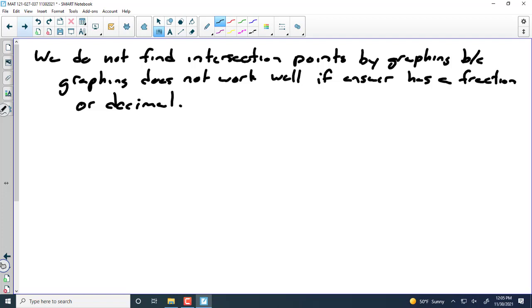So finding out where 2 graphs intersect by graphing the 2 graphs is generally not a good idea unless the person that gave you the question is guaranteeing to you that they intersect at nice integer values. Because you're not going to be able to see the difference between 4.1 and 4.2 just by a hand-drawn graph. So that's why we don't use graphing in general as a technique.